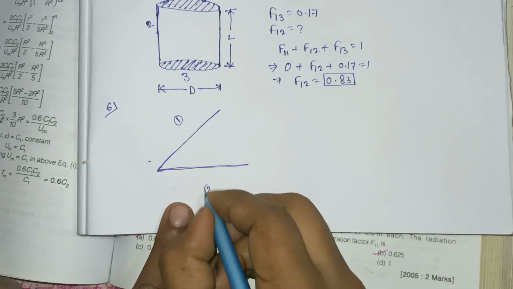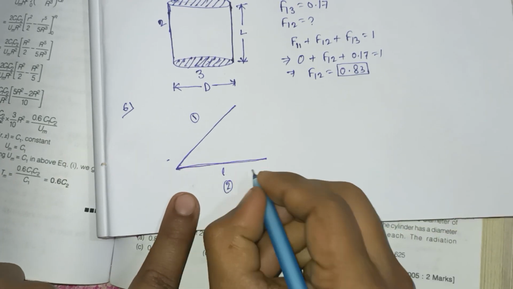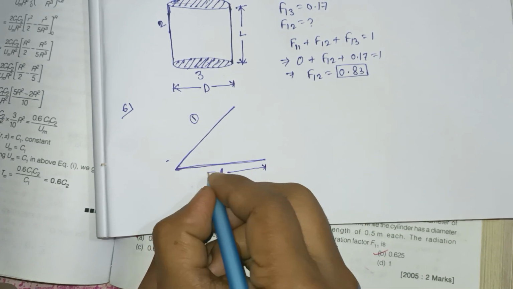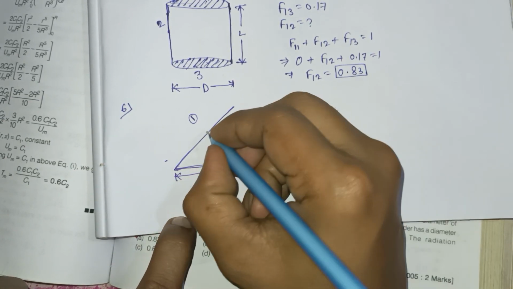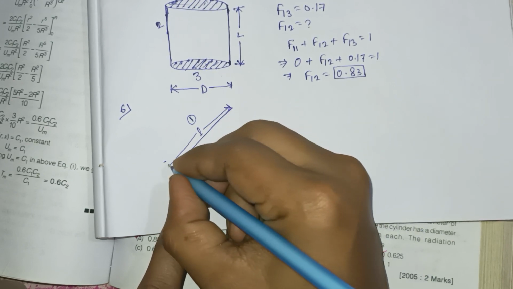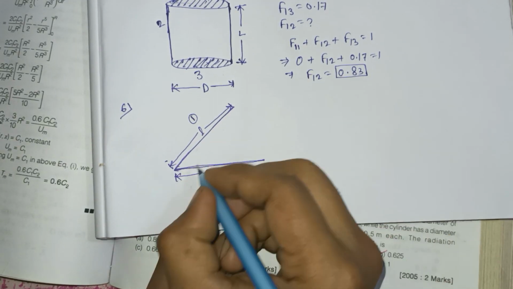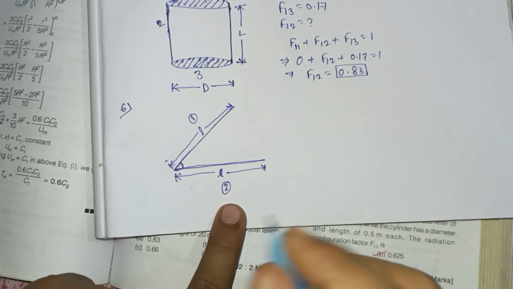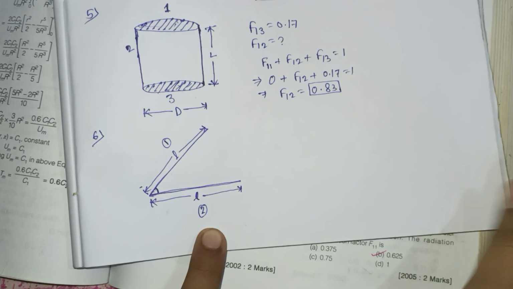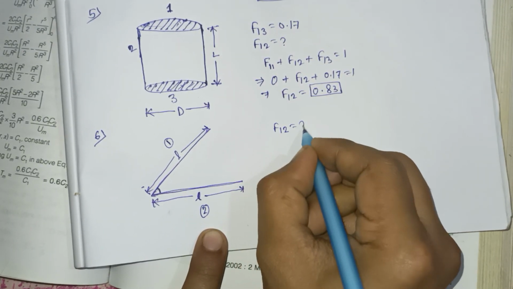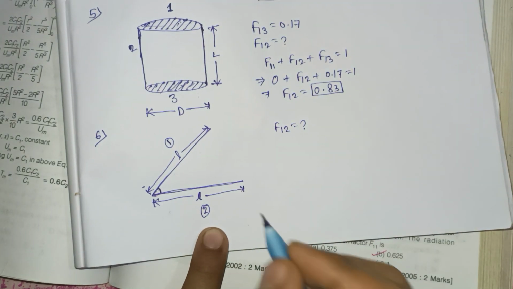The length of this plate is L, and this is also L. The length of this plate is also L. Now this angle is 20 degrees, and you have to find out what is the value of F12, that is 1 to 2.